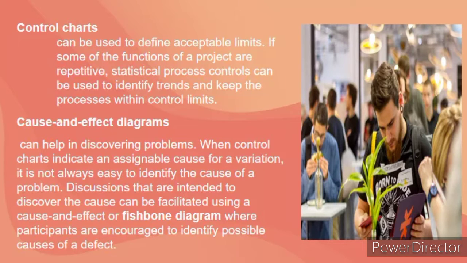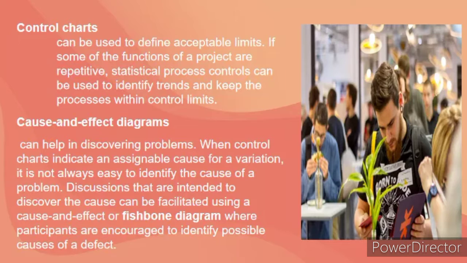After the cost of quality, let's proceed to control charts. Control charts can be used to determine or define acceptable limits, and if some of the functions of a project are repetitive, statistical process controls can be used to identify trends and keep the processes within control limits.